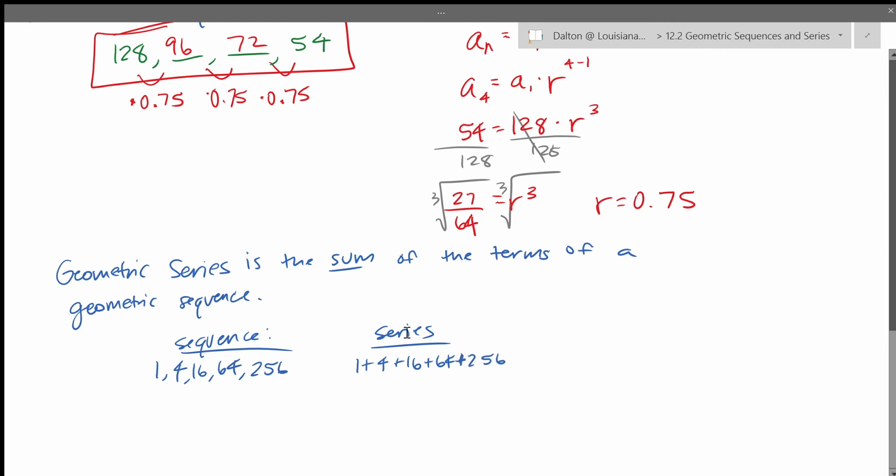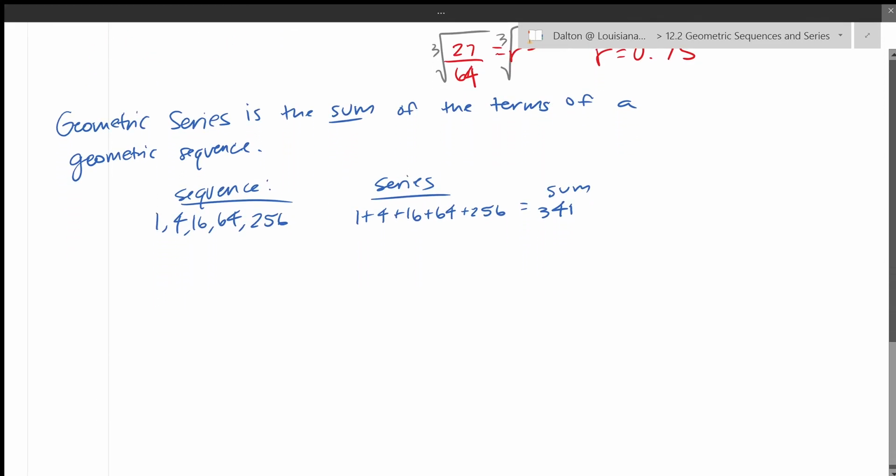You don't have to add them together, but if I actually wanted to add them together, then it would have a sum of 341. So it's just very simple. Sequence, geometric sequence. Its common ratio would be 4, right? 1 times 4 is 4, 4 times 4 is 16, times 4 is 64, etc. The series is just adding those numbers together.